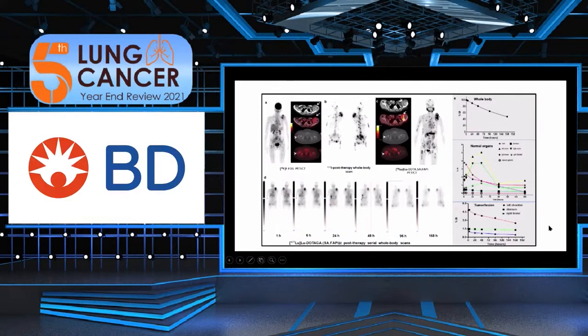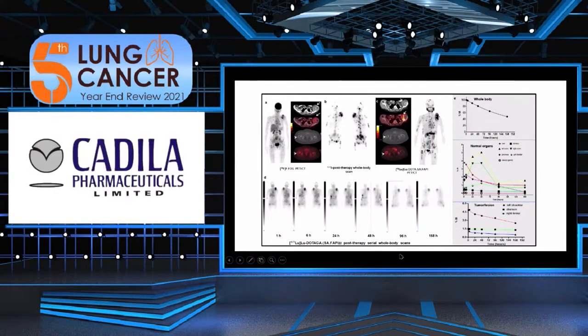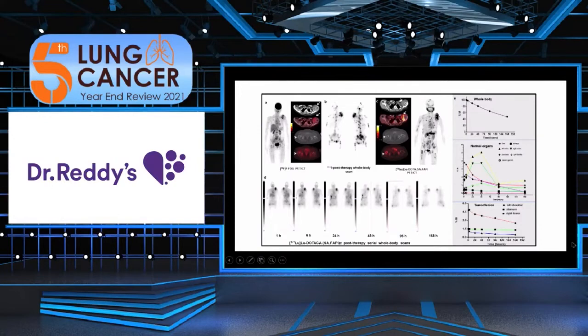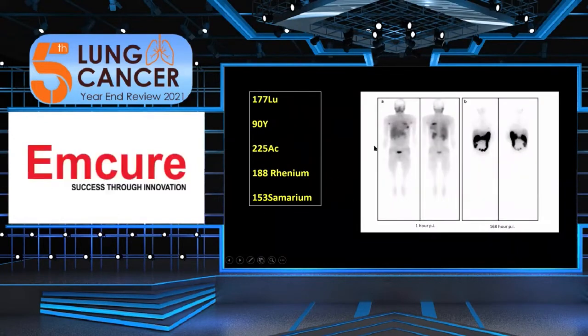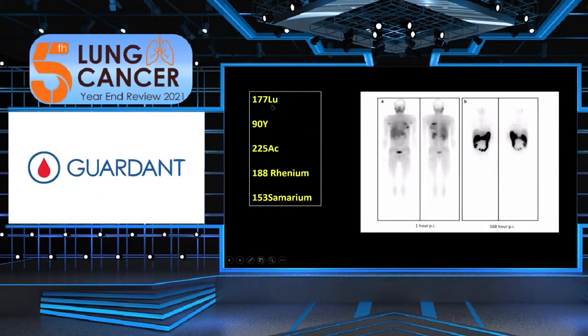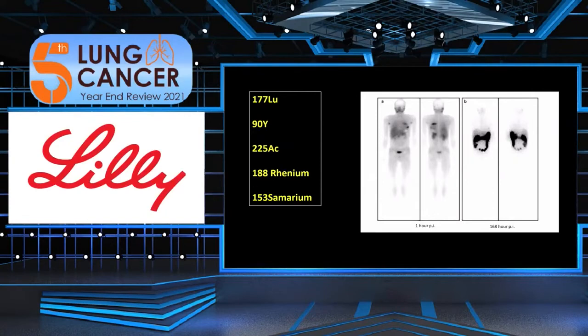So now we have the proof, and we possibly have a solution, which is the dimer FAPI, going to be available as the therapeutic option for FAPI. On the therapeutic side, we have lutetium, yttrium-90, and actinium-225. Lutetium has good penetration, but it has a soft beta.